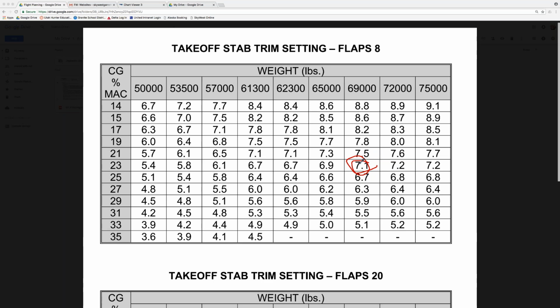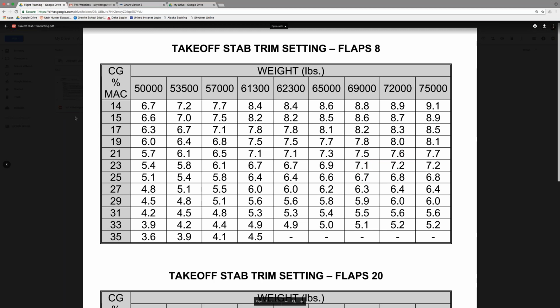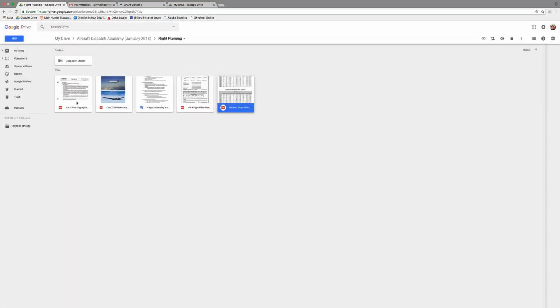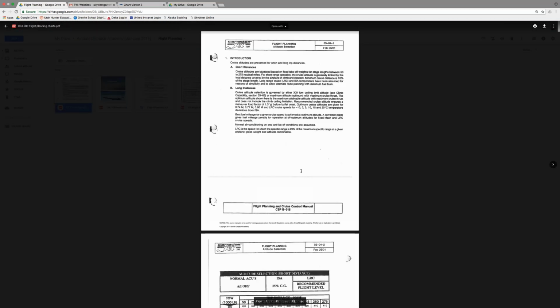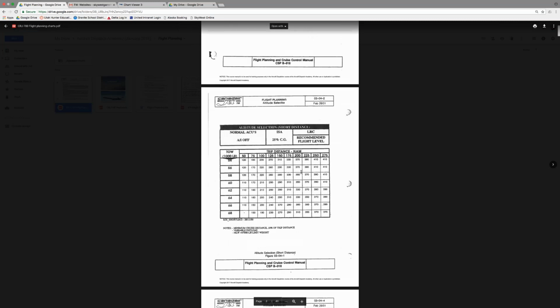So, oh wait. Oh, that's for our stab trim setting. My bad. So we've got to go to our altitude.